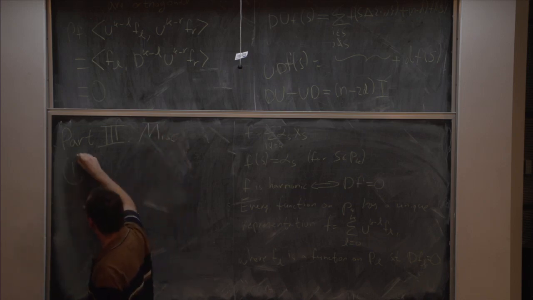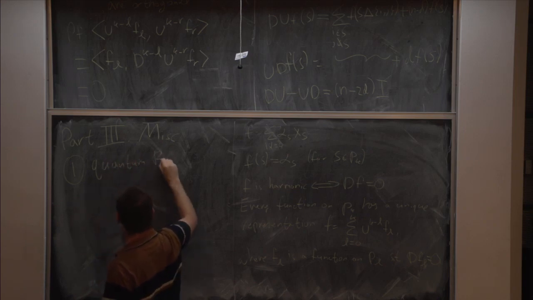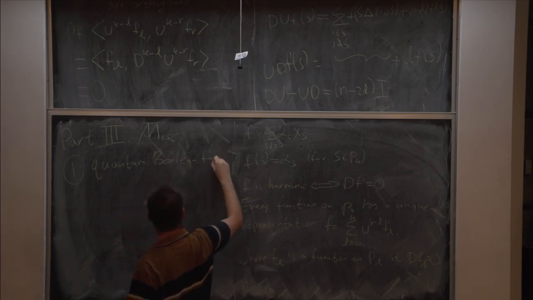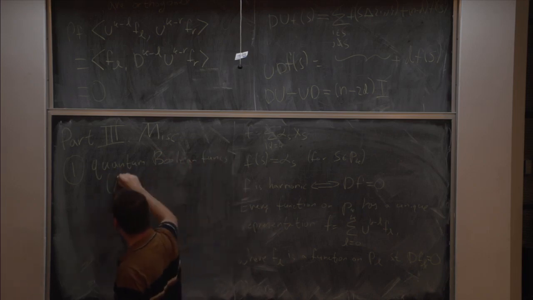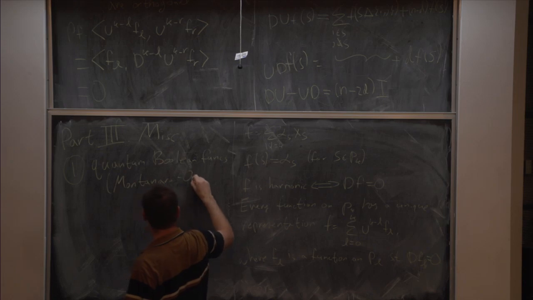Okay, so the first example is quantum Boolean functions. This is from a nice paper of Montanaro and Osborne.